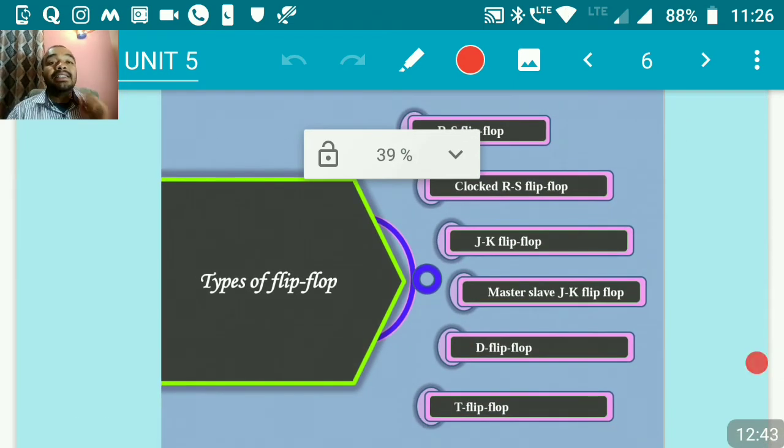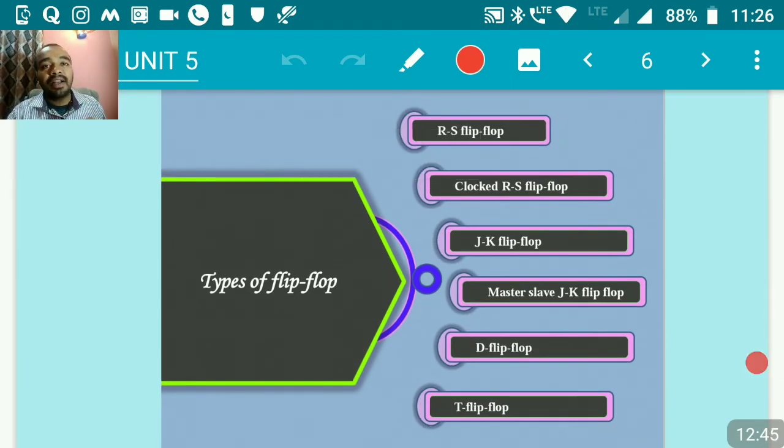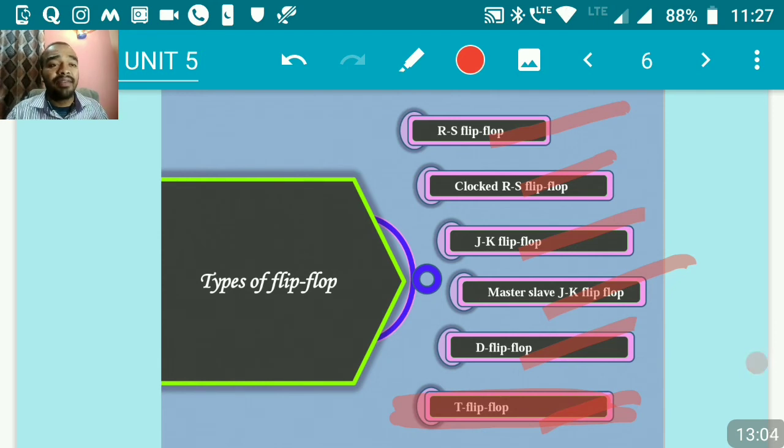There are 6 types of flip-flops mentioned in the textbook, but we have only 5 for our syllabus. The first one is RS flip-flop, clocked RS flip-flop, JK flip-flop, master slave JK flip-flop, D flip-flop and T flip-flop. T flip-flop is not in the syllabus, no need to worry about it. We have only RS, clocked RS, JK, master slave JK flip-flop and D flip-flop for our syllabus to study.